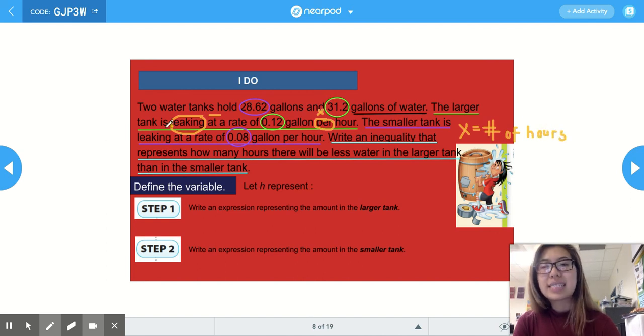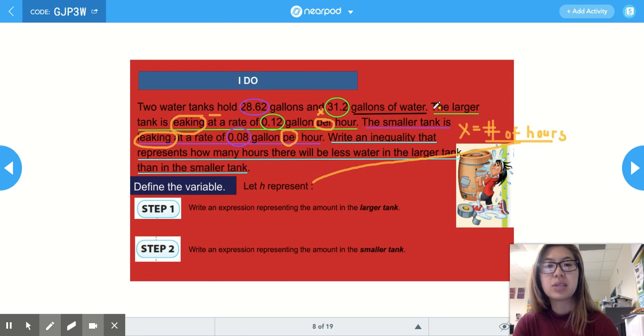The smaller tank is leaking at a rate of 0.08 gallons per hour. Write an inequality that represents how many hours there will be less water in the larger tank than in the smaller tank. If I wanted to, I could also use h to represent the number of hours. So I'm going to first start off writing an expression representing the amount in the larger tank.